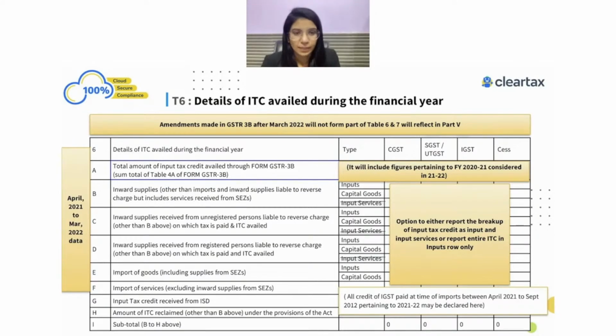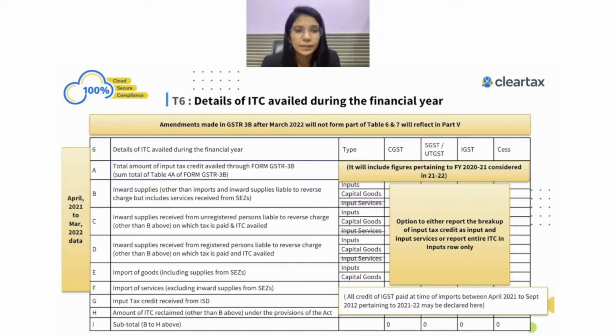In 6A, when you look, I gave an example of 150, right? In that second example, I had claimed ITC of 150 and then I have reclaimed that ITC of 150 again. So in 6A, you said that 300 will be populating, right? There is no problem. All right, in 6A, 300 is coming.